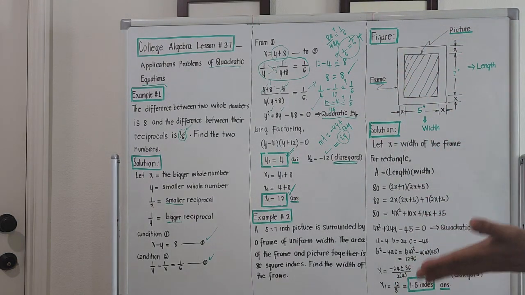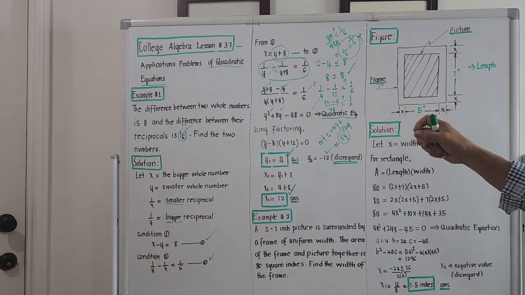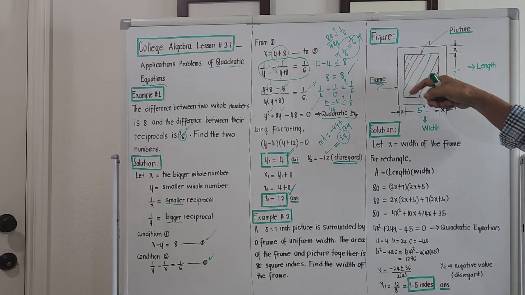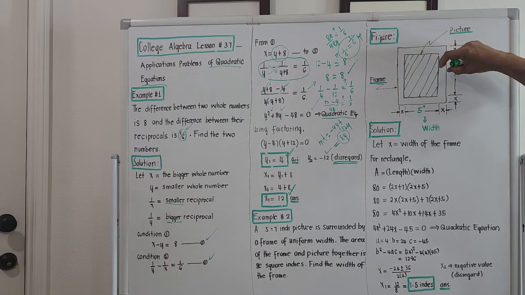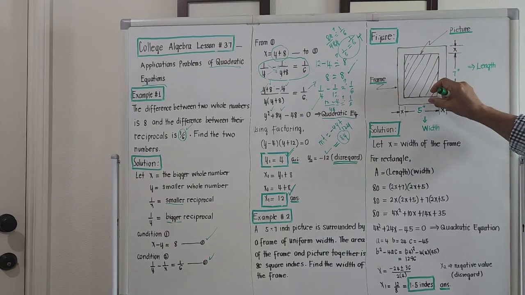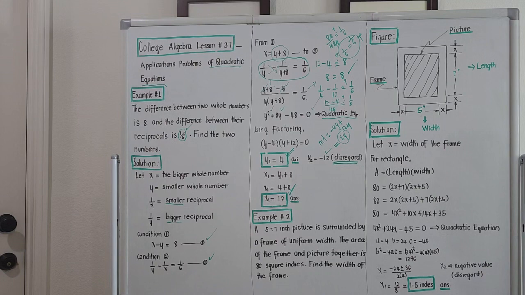The problem is asking what will be the width of the frame if the width of the frame is uniform all around. Meaning to say this thickness here is the same as this thickness, the same as this thickness, the same as this one. So actually there's only one unknown in this problem. It's the thickness of the picture frame.